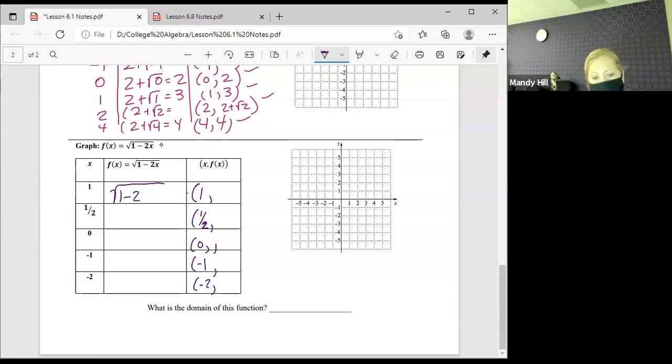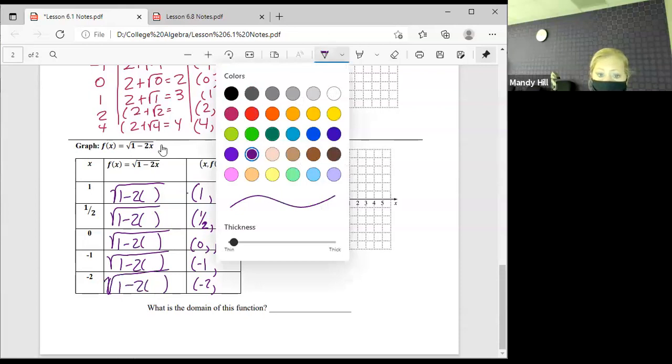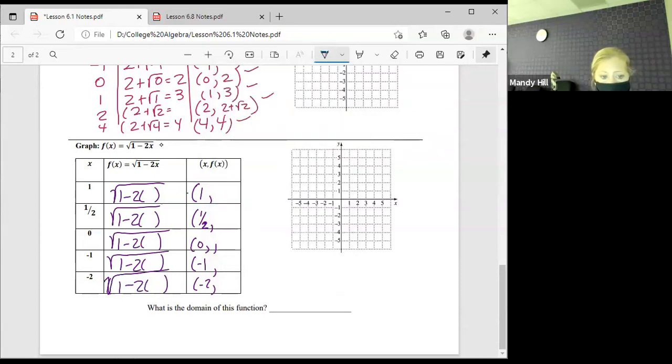So what I'm doing is replacing that x with whatever they're telling me to let x be.